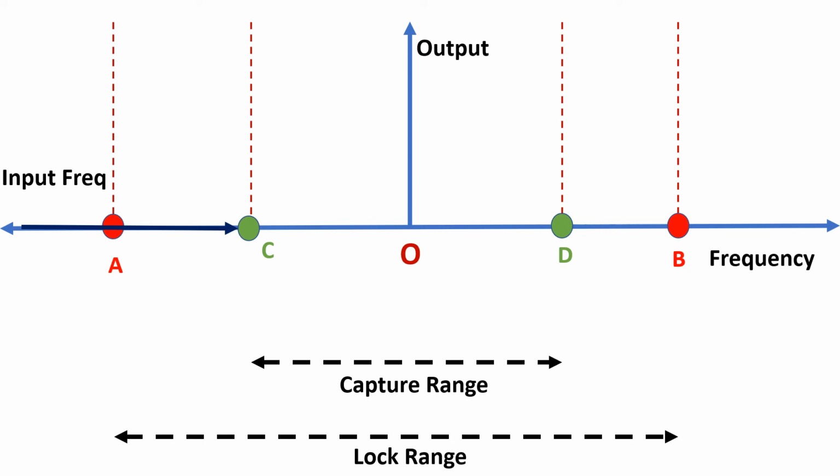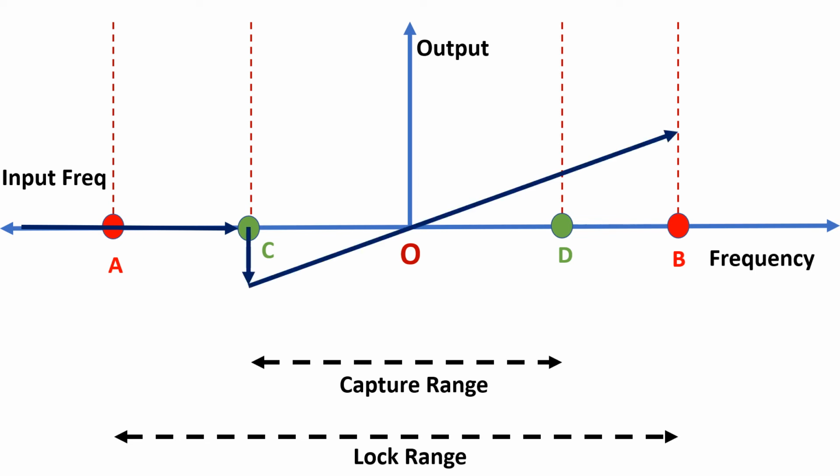Means it compares input signal frequency and local oscillator frequency. When input signal frequency reaches point C, PLL starts capturing, means it starts capturing equivalent proportional voltage available at output terminal as demodulated signal.